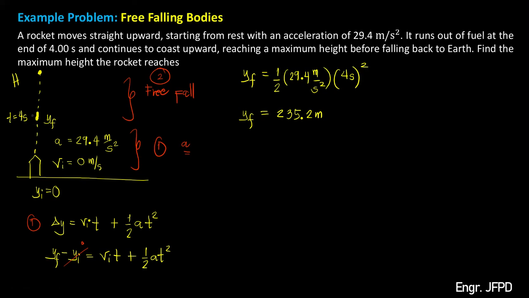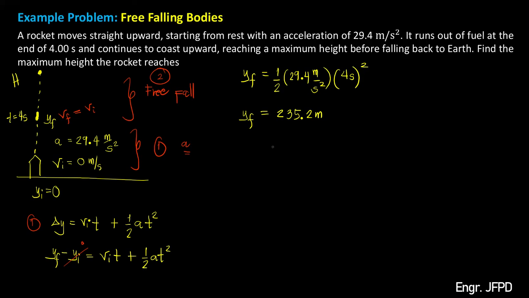And to analyze part 2 of the motion, we need to determine what will be the velocity of the rocket after a time of 4 seconds, which will be the initial velocity for the free fall here, wherein we will solve the VF for the first part of the motion, and this will be the initial velocity for the second part of the motion.